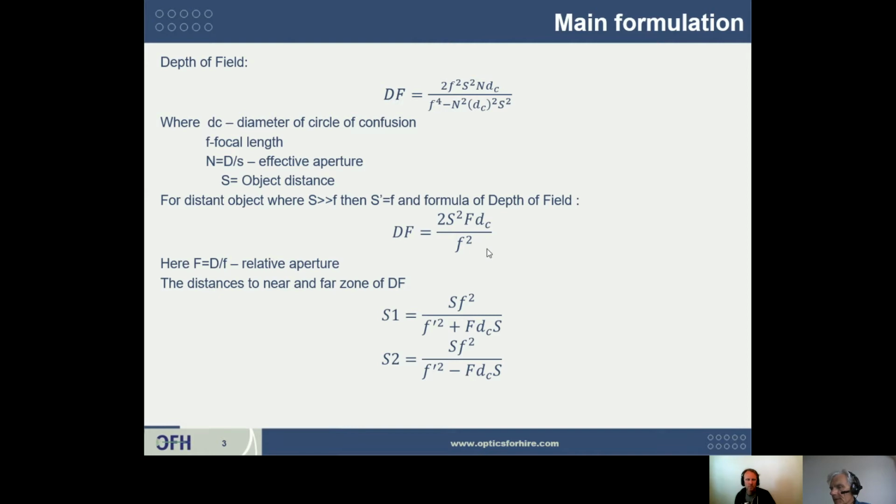Okay. With just several values. Got it. Okay. So if the object distance is much bigger than the focal length, which for most optical systems it is, you can use this formula to determine what the possible depth of field is, meaning what the possible area for which the system can be in focus is.